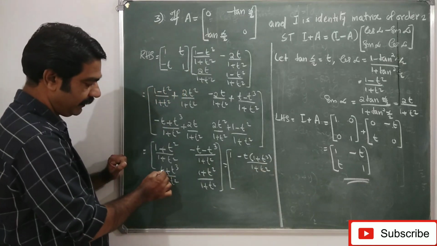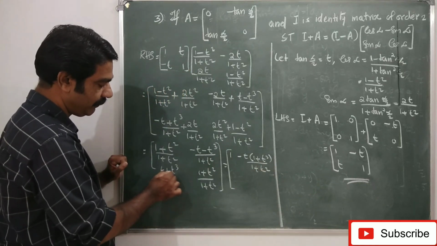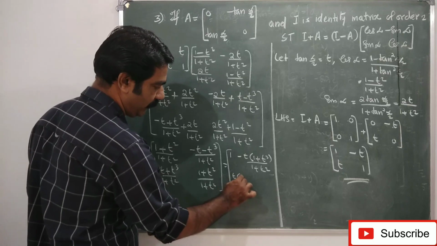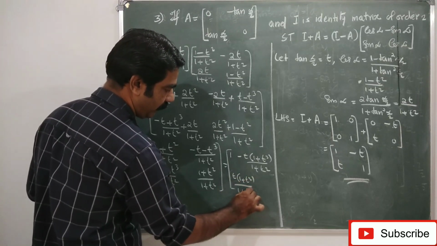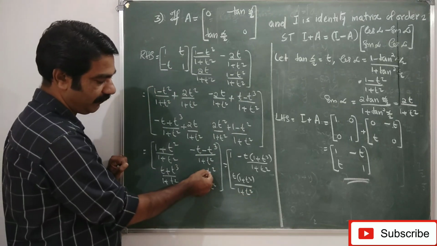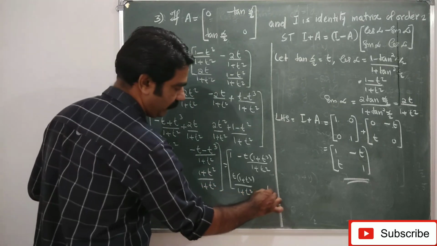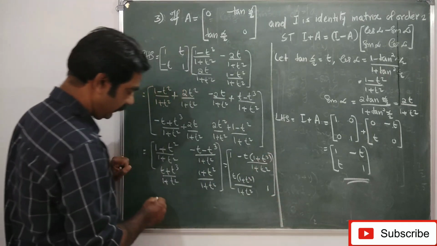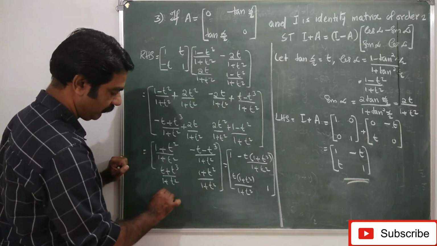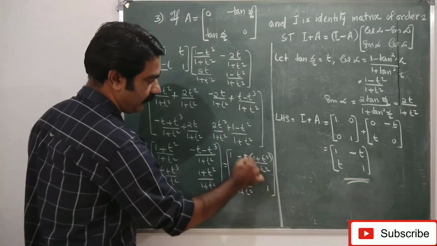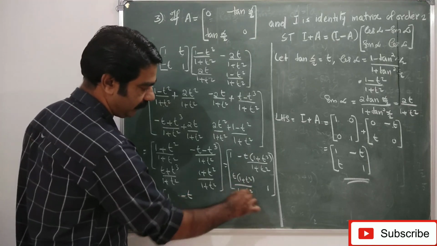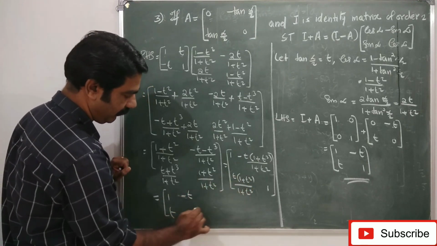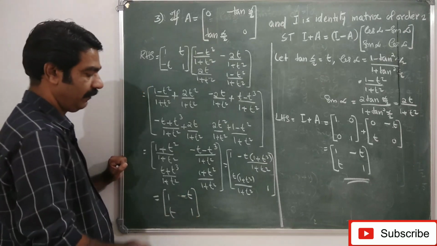Here again t plus t cube, we can take t out: t into 1 plus t square by 1 plus t square. Here again 1 plus t square by 1 plus t square becomes 1. So this equals the matrix 1, minus t, t, 1. This gets cancelled, minus t is remaining. Here also cancelled, t is remaining and 1. So we got the LHS.